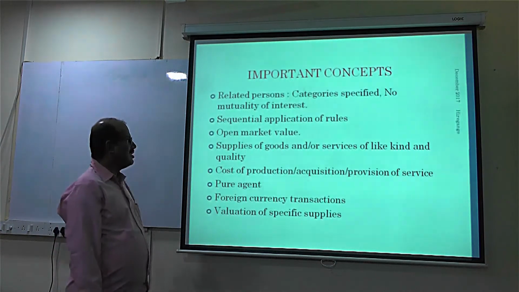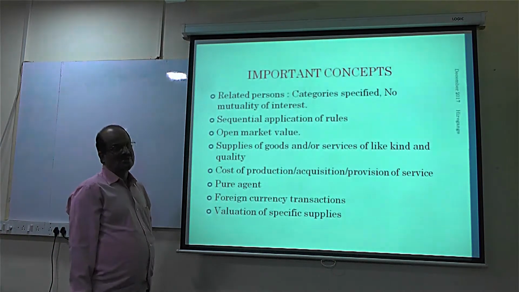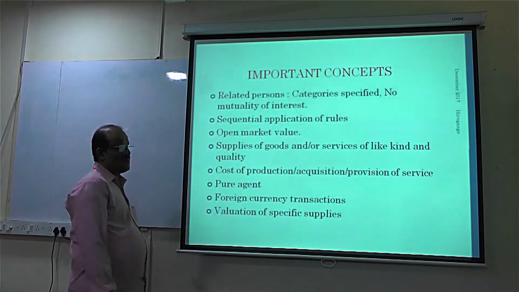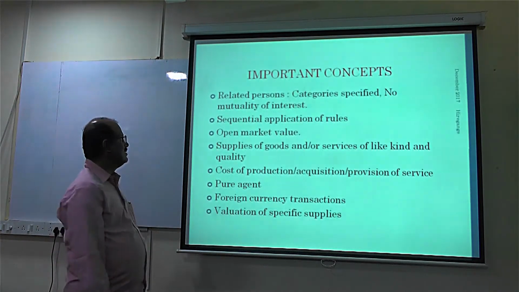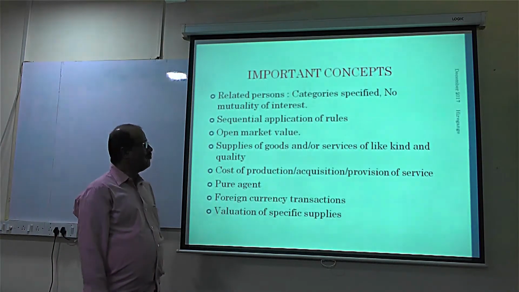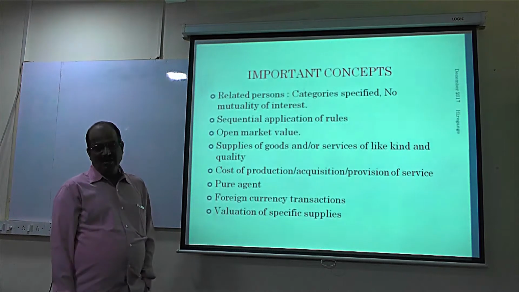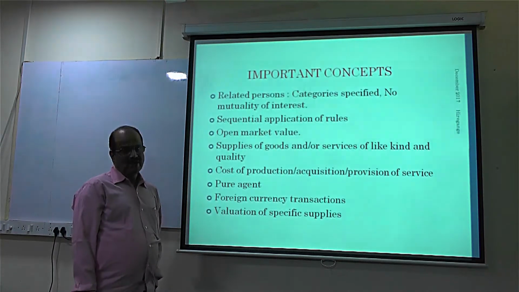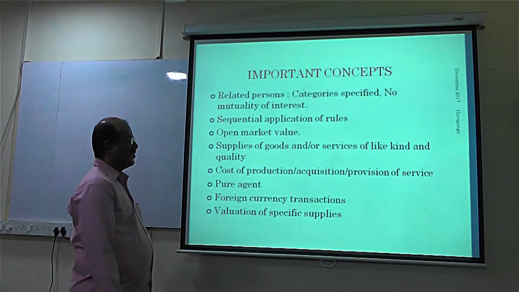And the most important point to note in the case of related persons in GST law is that there is no need for existence of mutuality of interest between the related persons for the transaction value to get tainted.